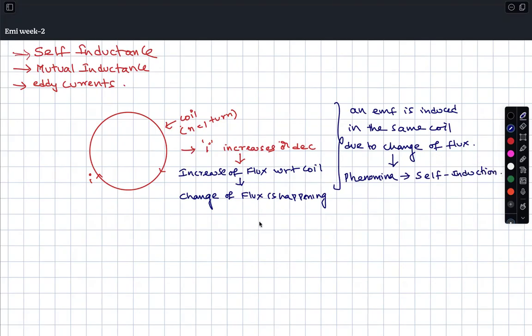Remember, till last week, there is some external source of magnetic field, like a magnet, a current carrying coil, etc., that will change the flux linked with your coil. Entire last week, we worked on this principle.